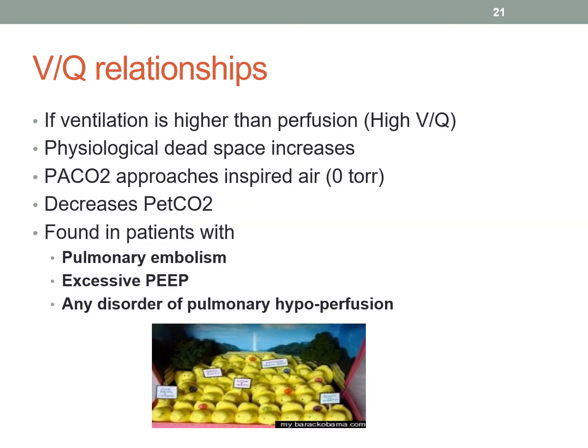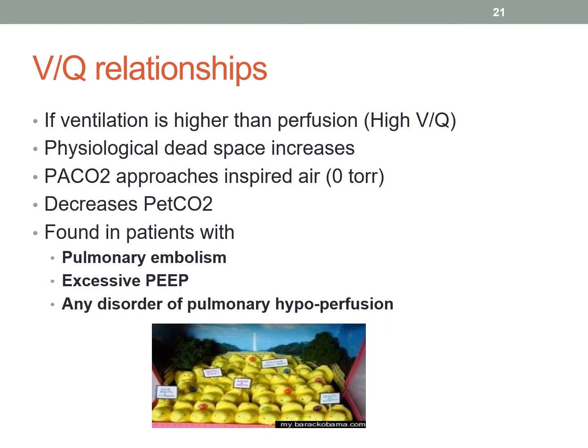So if the ventilation is higher than your perfusion, so if you have a high VQ, then your physiologic dead space increases. Your PACO2 in inspired air, remember, is about 0. This decreases your end tidal CO2. So you have ventilation without perfusion. Okay, so this would be found in patients with a pulmonary embolism because the blood clot is blocking the perfusion.